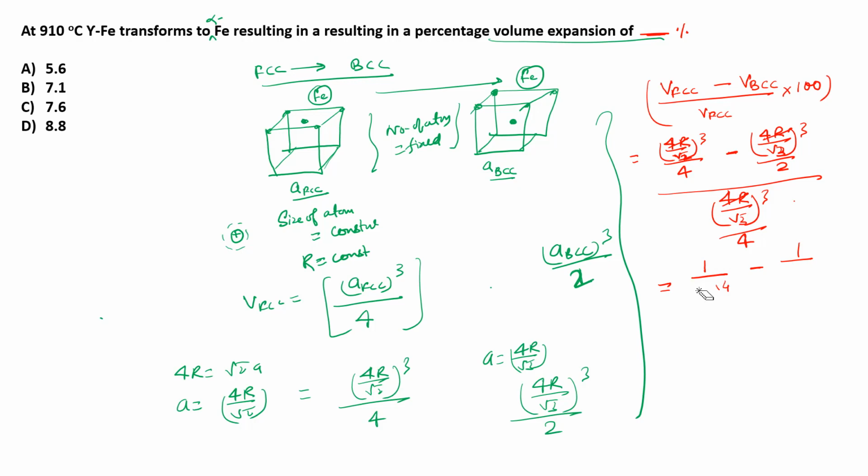So you need to take precaution while doing the calculation. 1 by 3 root 3 into 2, 1 divided by 2 root 2 into 4. Now do the calculation.